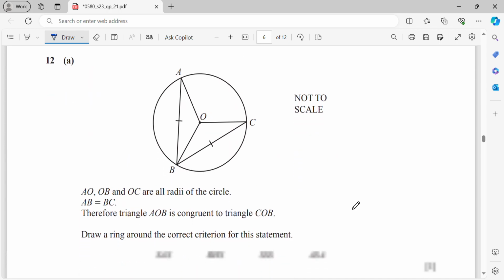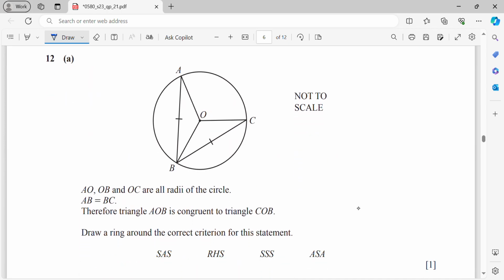For question 12, AO, OB, and OC are all radii of the circle. AB is BC. Okay, AO, OC, OB, all these are R. AB is same as BC. Okay, so already given here. Therefore, AOB is congruent to triangle COB. Now look at this triangle AOB.